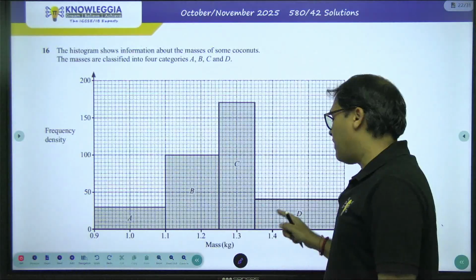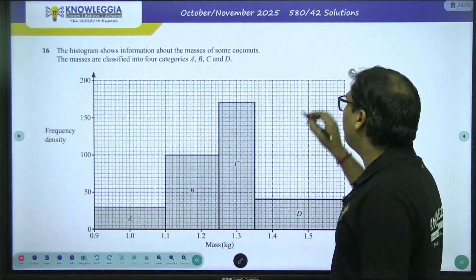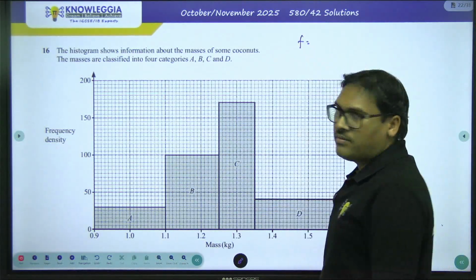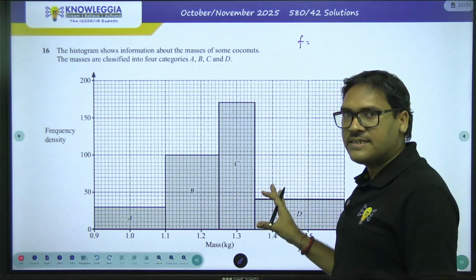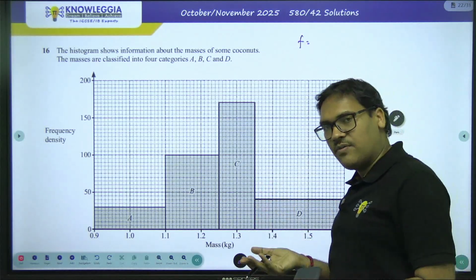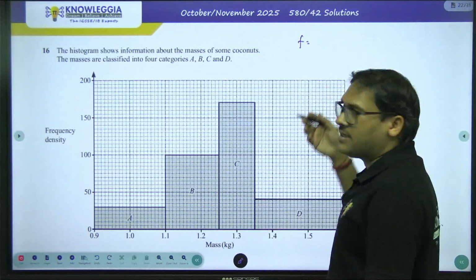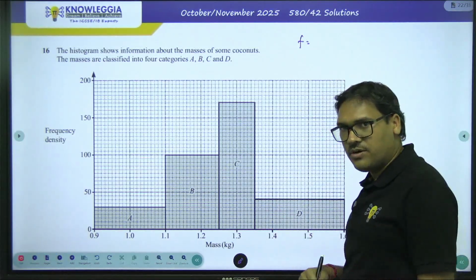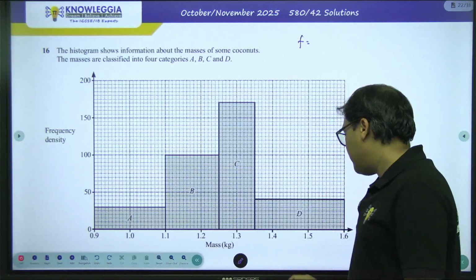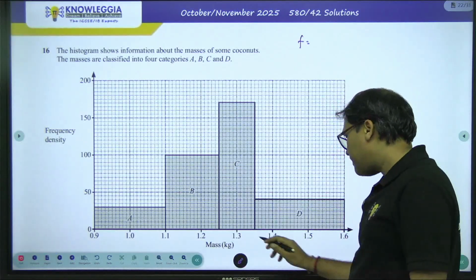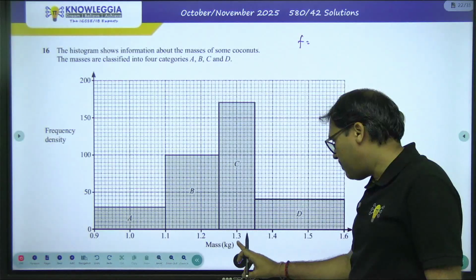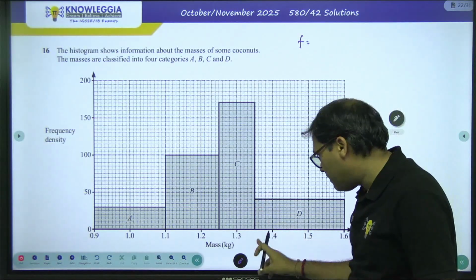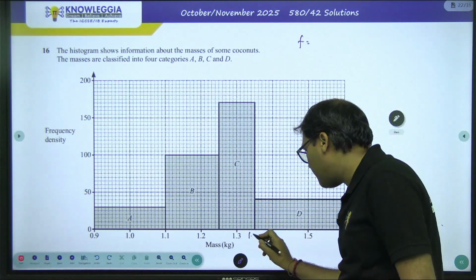Now, if you have to find the frequency from the frequency density curve, how to get the frequency? That is basically the area. What is the area of this rectangle? That is what you have to see. First thing is, what is the base? This is 1.3, this is 1.4, and this is midway, so this is 1.35.